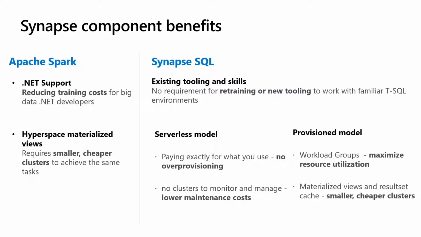So let's drill a little bit deeper into some of the components that are included in Azure Synapse. In the Spark distribution, for instance, .NET support is included by default, meaning that all of your .NET developers can now become big data developers, leveraging those existing skills in C# and F#, which include some really great functional capabilities, which are very applicable to data manipulation.